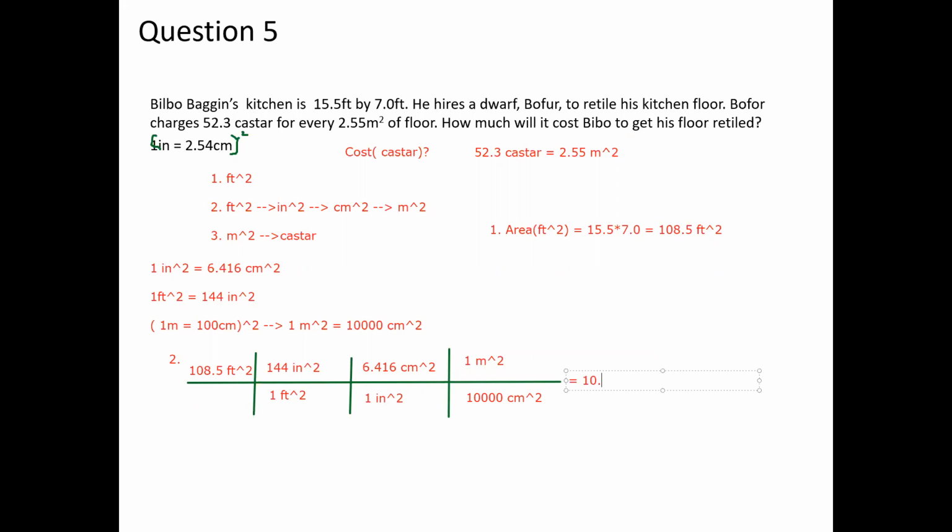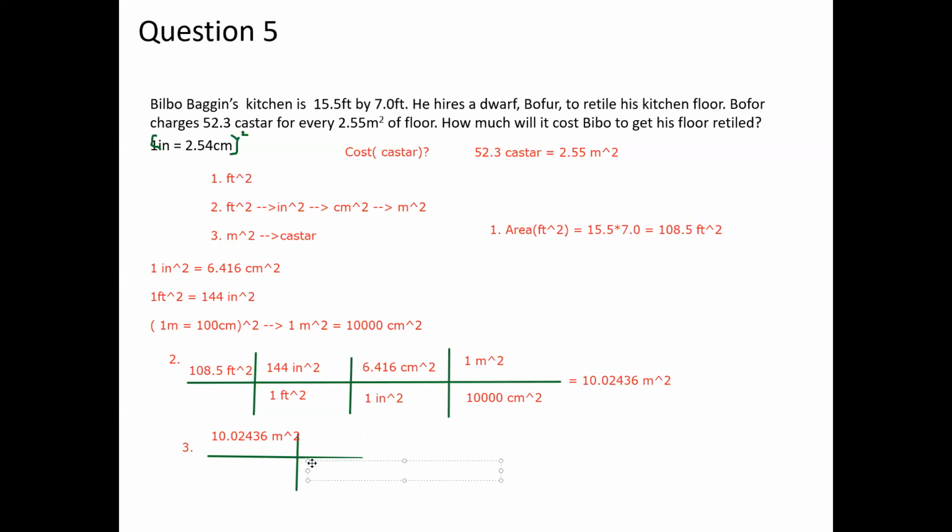So when you work this out, we get 10.02436 meters squared. So that's how many meters squared we have in 108.5 feet squared. So that's step 2. Step 3, we want to convert meters squared into castar. So in our empty train track, to the top left is meters squared.